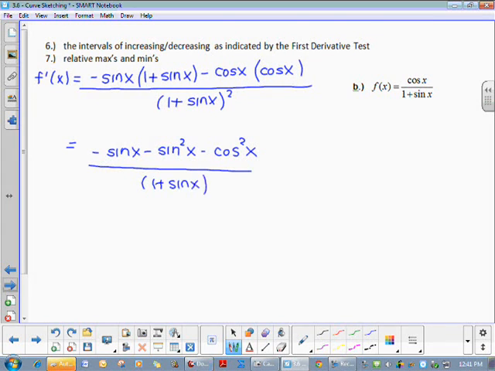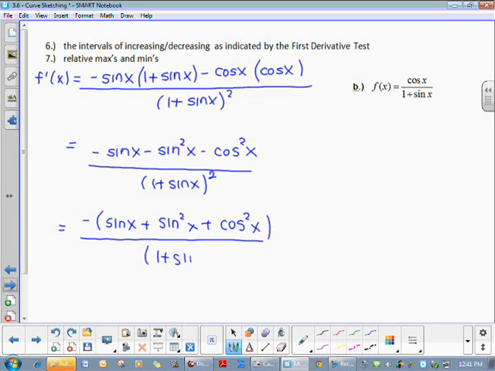Then we look and say, is there any more simplifying that we can probably do? And the answer to that is yes. We can factor out a negative out of the numerator because that's going to set up a very interesting identity. Perhaps you guys see that coming already. And that particular identity happens to be the fact that these two guys right here will all equal 1.